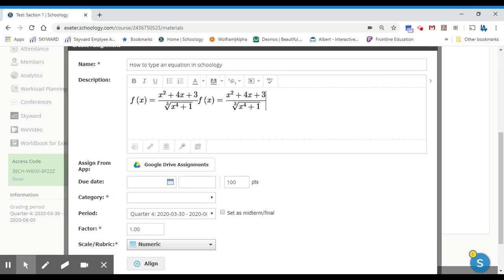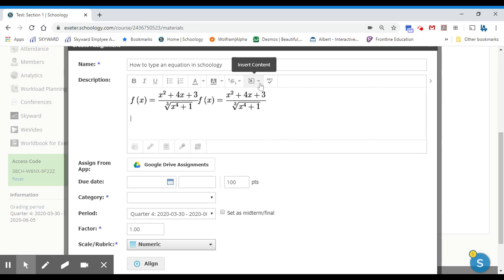Now, if I wanted to say solve this fraction, say set it equal to 0, which you're doing a lot, the fraction equals 0 and the top equals 0. So I'm just going to show you how to solve this with the equation editor.